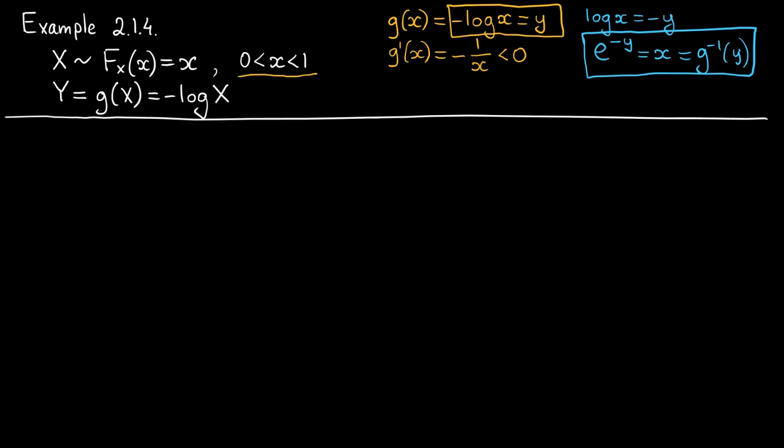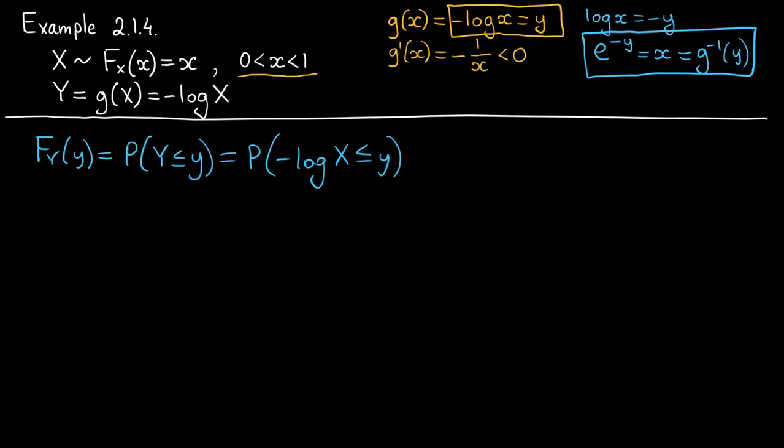Okay, so let's find the CDF of random variable y. The CDF of the random variable y is equal to the probability that capital Y is less than or equal to lowercase y, and that is equal to the probability that minus log of x is less than or equal to lowercase y. Both of these values are in the range of the random variable y.